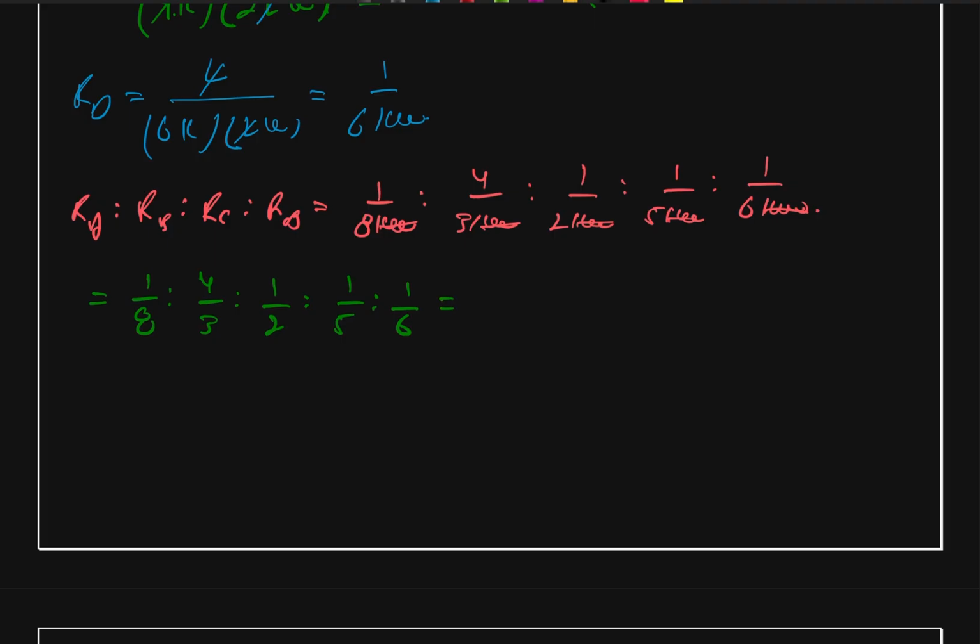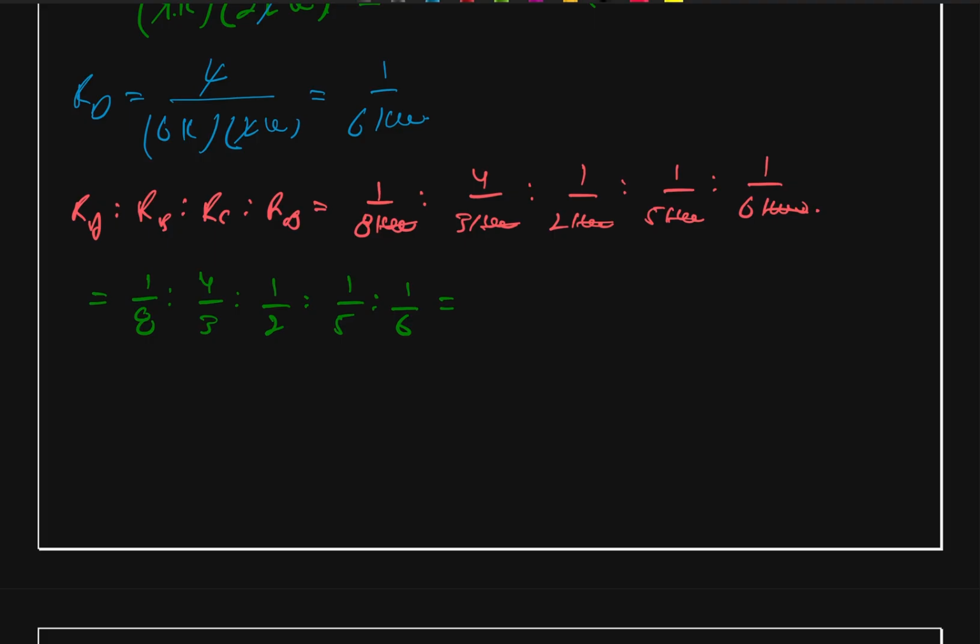And so we can just write it in ratio form. I think we multiply by 120. No, not 120, but 6, 5, 3.